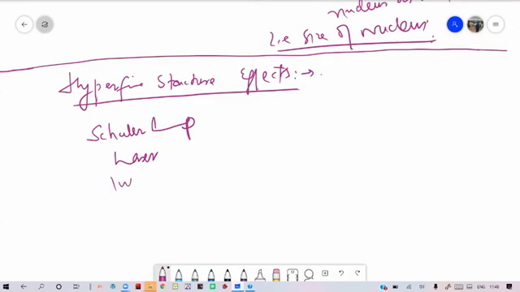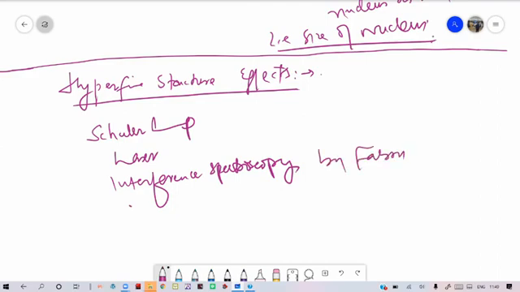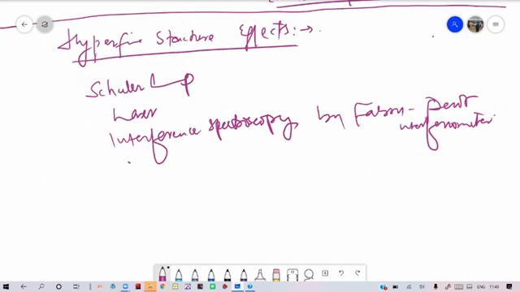We can use interference spectroscopy, like Fabry-Perot interferometry. So these are the different types of sources which we can use.